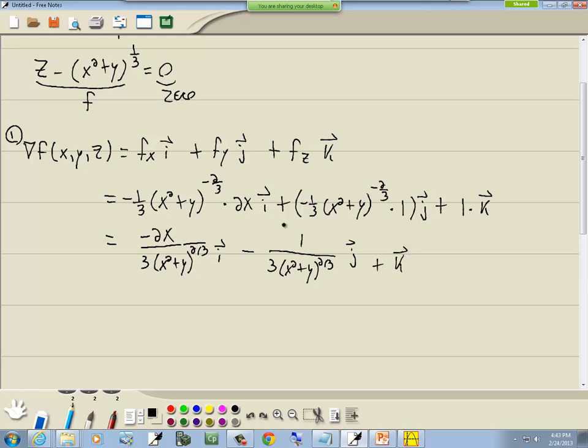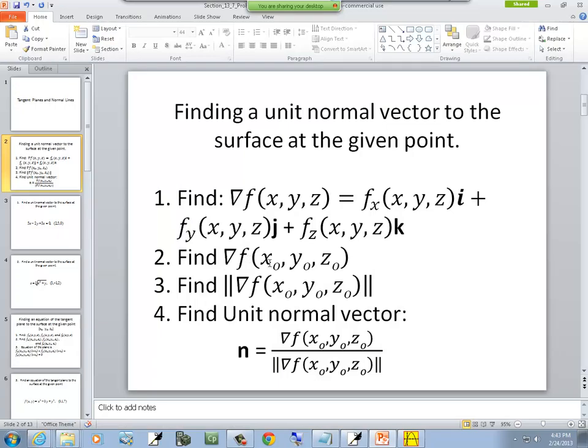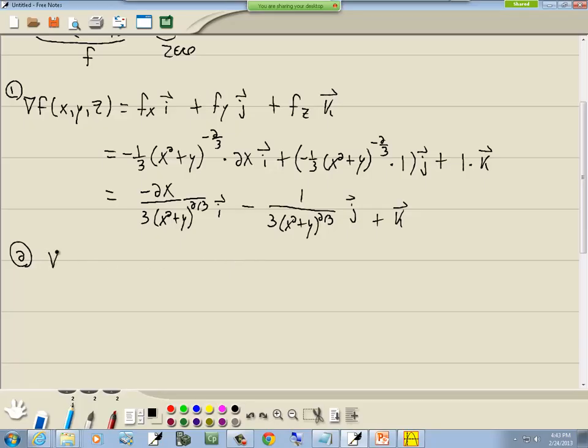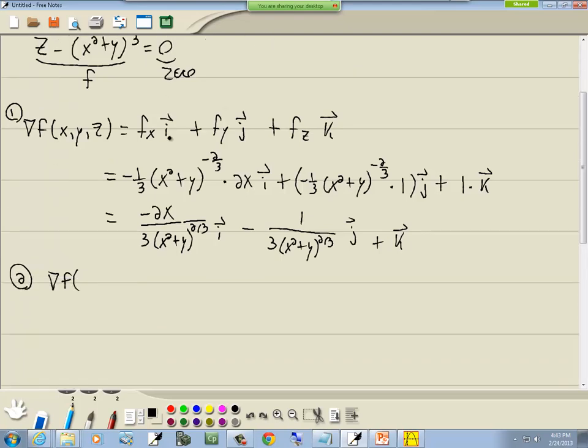Well, that's step 1. Step 2 is we want to plug in our point. So that's what this says, plug in your point. So del f of, what is our point? 3, negative 1, 2. So we're going to have negative 2 times 3. This is our x, this is our y, and this is our z.